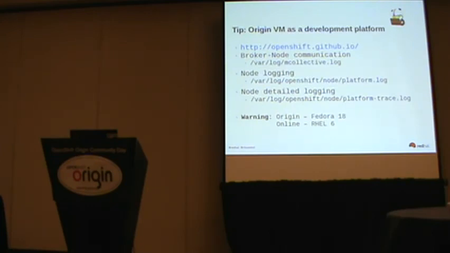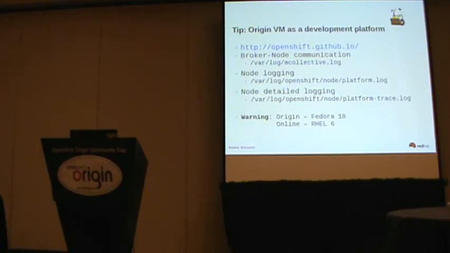There are other areas where V2 is slower, and we're going to work on improving those. For cartridge development, very apropos for this group, you can bring up an Origin VM that Krishna back there builds diligently, and do your cartridge development there if you want, as opposed to online.